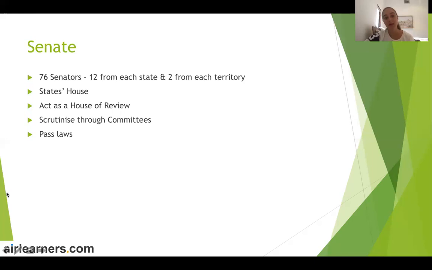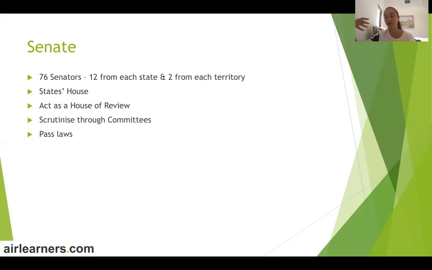So the Senate, as we said before, because most of the legislation and bills are proposed by government in the lower house, has a primary duty of acting as a house of review. When bills are introduced, they must first be passed by the lower house, then they are voted on by the Senate.